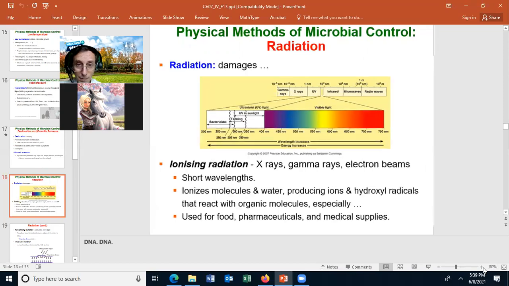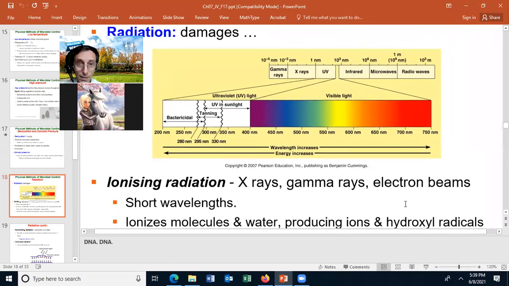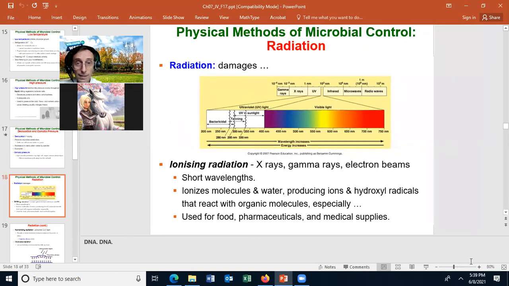But when we're talking about radiation, we mean things like gamma rays, X-rays, and UV light. Visible light, we don't usually consider that radiation, as well as infrared, microwaves, and radio waves. Those are not considered radiation, but they are part of the electromagnetic spectrum.